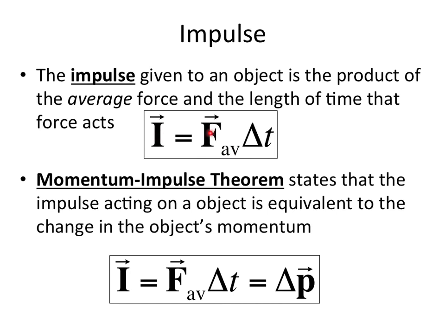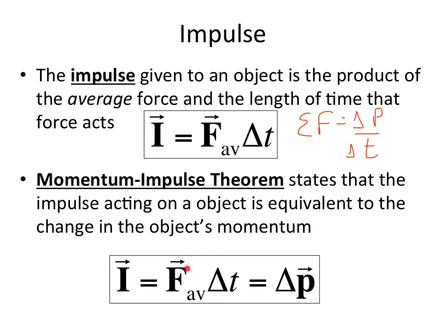But the reason that our previous equation, net force equals change in momentum over change in time, that should be a lowercase p right there, allows us to define impulse as this.